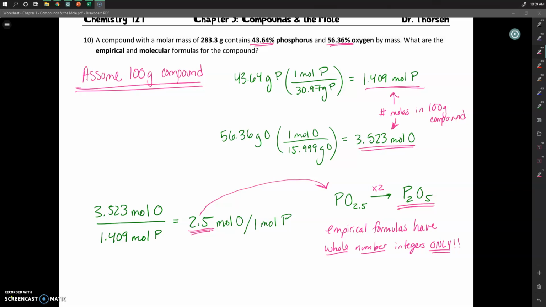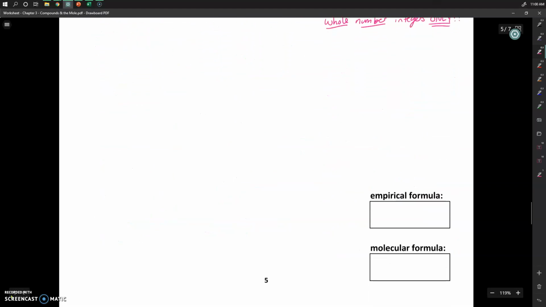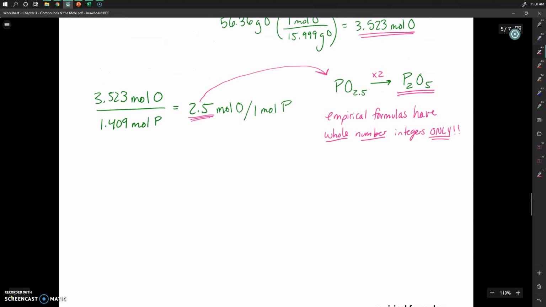But multiplying by 2, we want to multiply both subscripts by 2. So the phosphorus, the 1 that's implied here, is going to get multiplied by 2 to become 2. And the 2.5 on the oxygen is getting multiplied by 2 to become 5. And so you'll notice now we have a formula where the subscripts are whole numbers. And so this would be our final empirical formula for this problem. We would have P2O5.